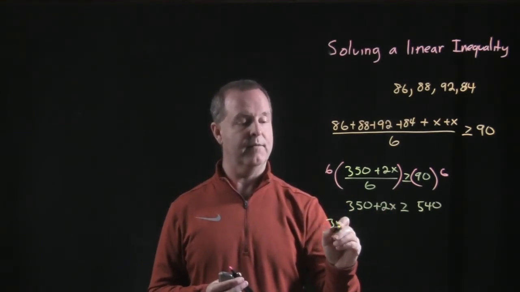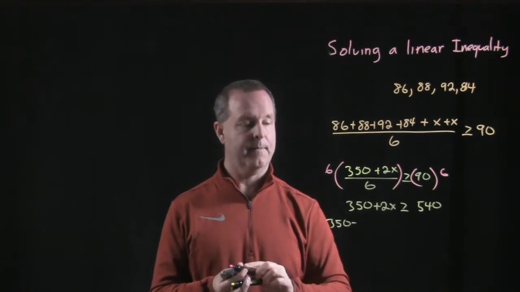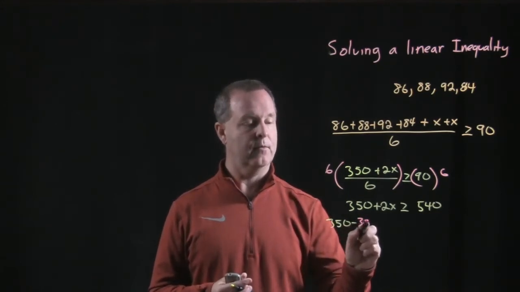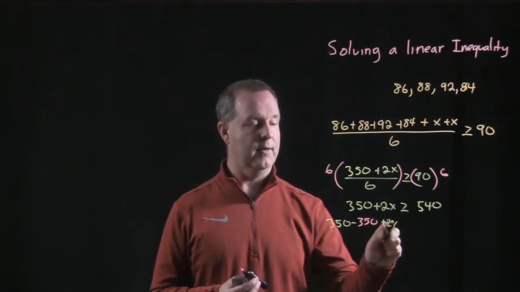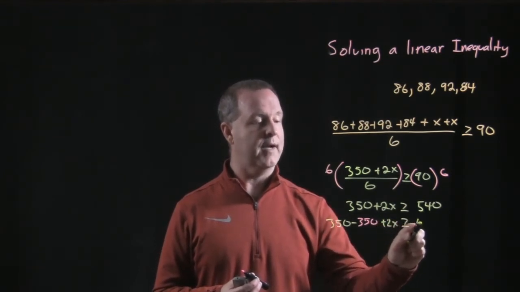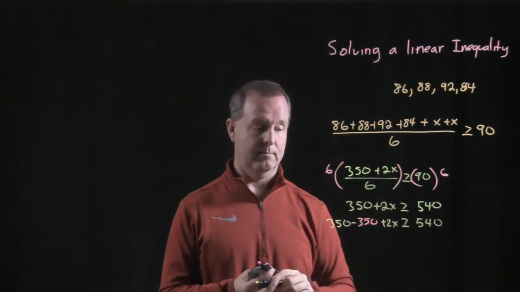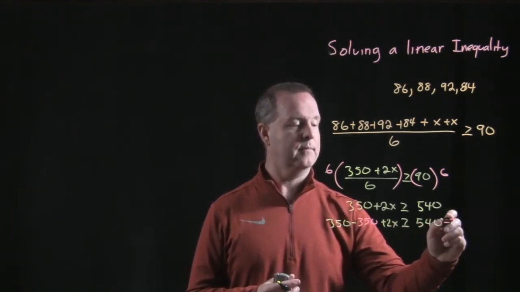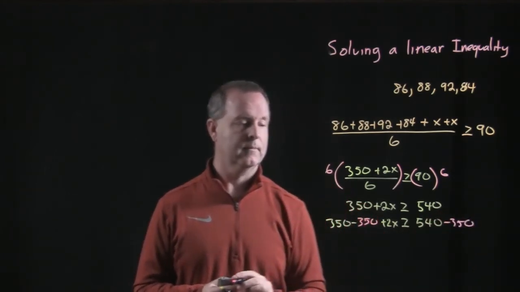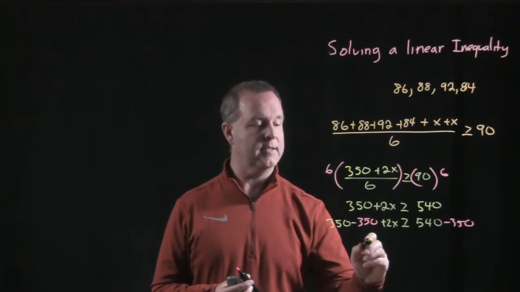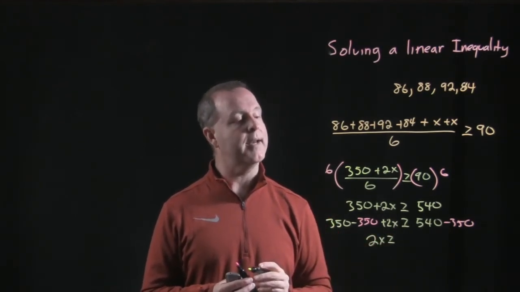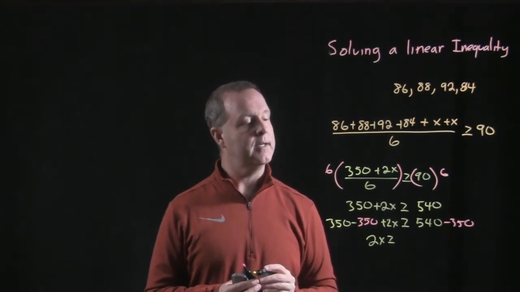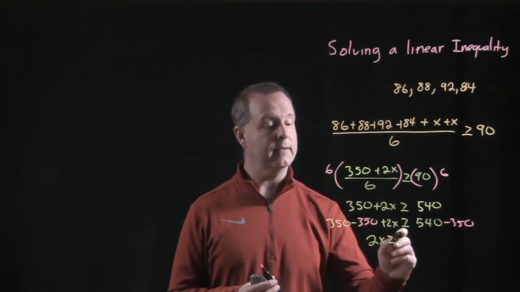So I have 350 minus 350 plus 2x is greater than or equal to 540 minus 350. Continue to simplify. I have 2x is greater than or equal to 540 minus 350, which is 190.